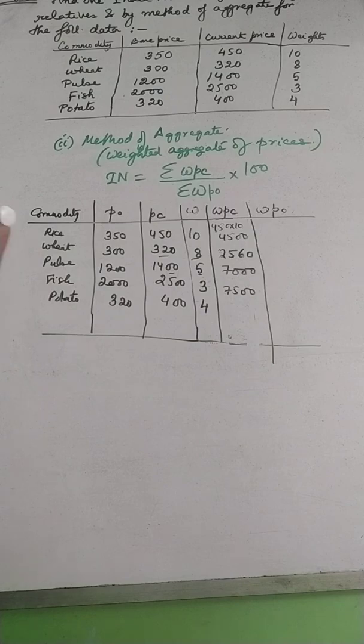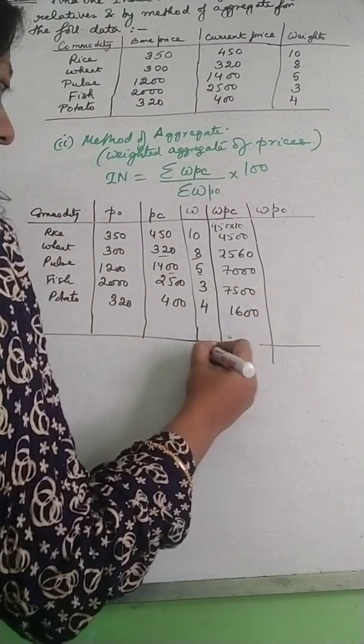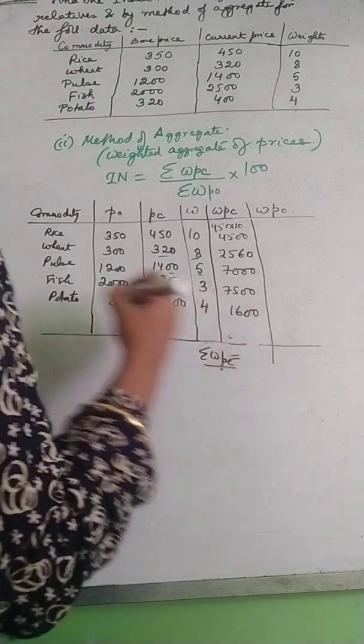And 4 into 400 means 1600. So here you are getting summation WPC.